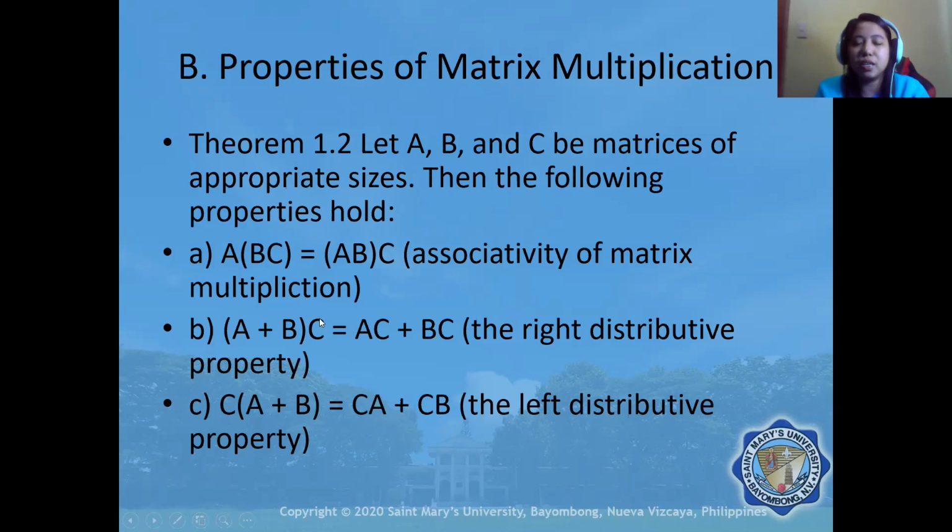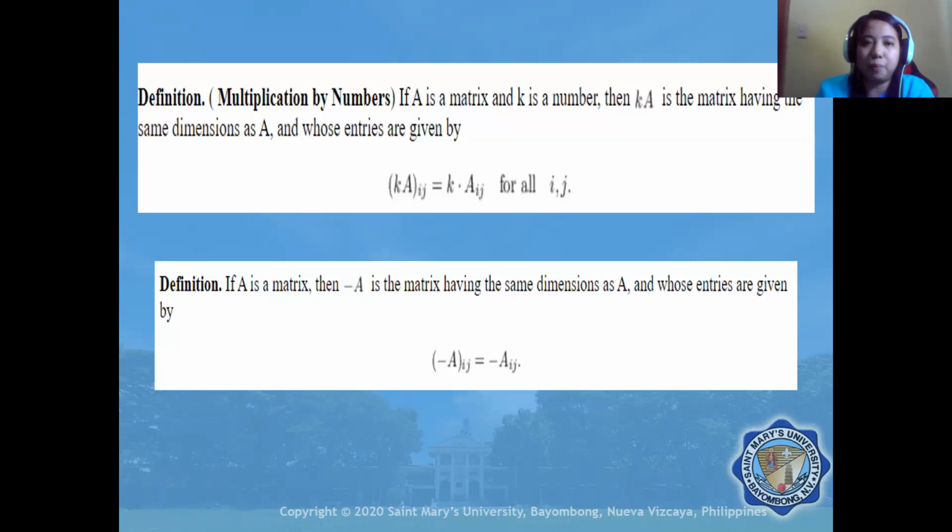We just distribute the matrix C. C will be multiplied to our matrix A, and C will be multiplied to our matrix B. The same with our C, except that matrix C is located at the left side. So that's why it is called the left distributive property.